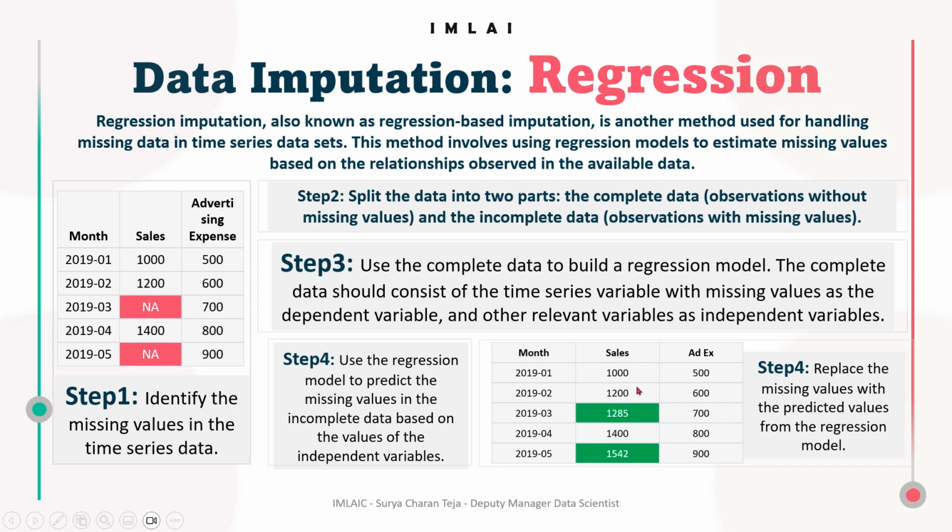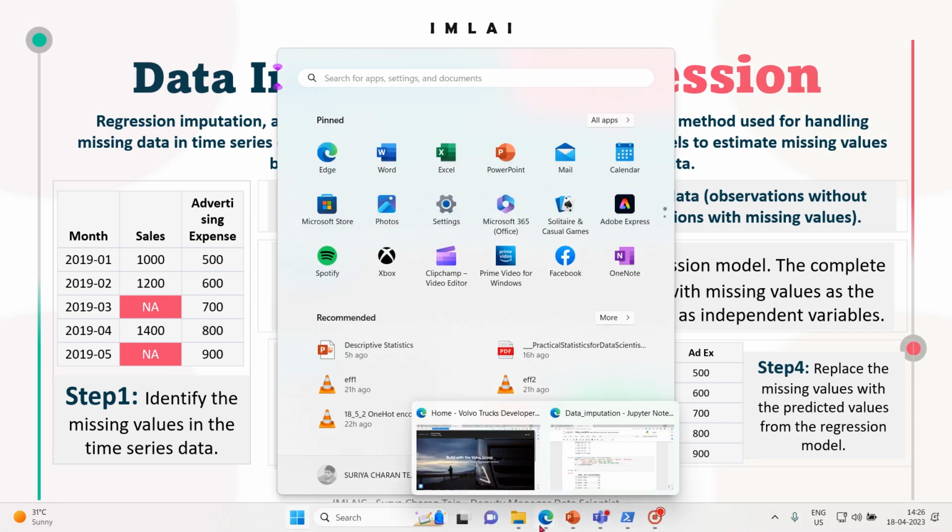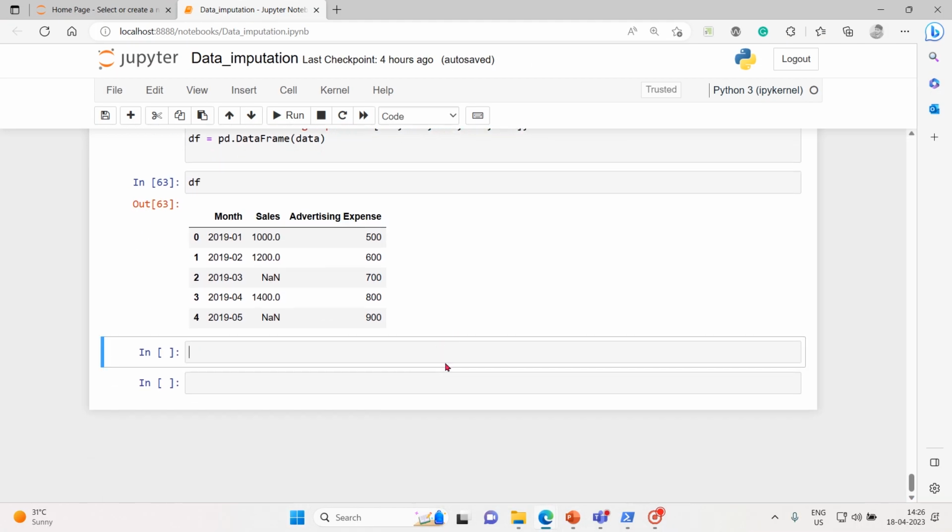After replacing the missing values with the predicted values, this is how it looks. Now let's take a simple example of regression imputation.